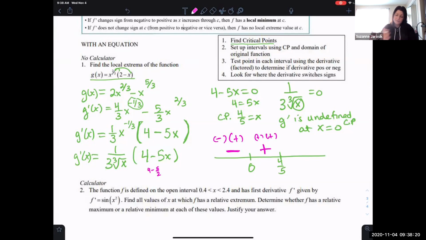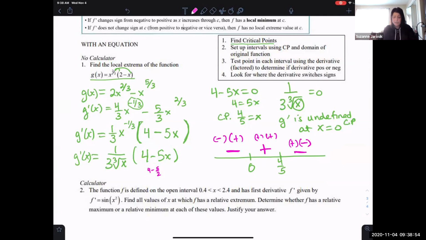And then larger than 4/5. You go to 1 or you go to 500, doesn't matter. If I plug in something larger than 4/5, I am again positive on the first term, and negative on the second. If I plug in 1 for x, 4 minus 5 is negative 1. If I plug in anything larger than 1, I'm still going to be negative for this. So overall, negative interval.